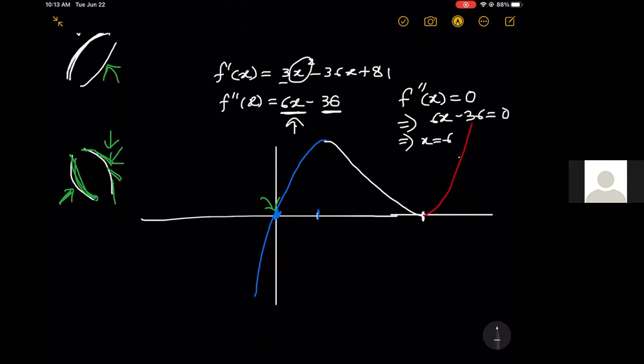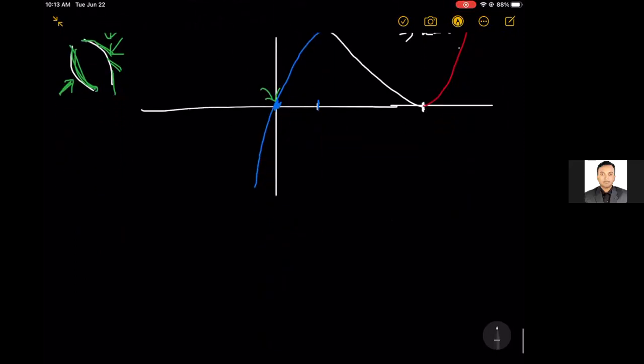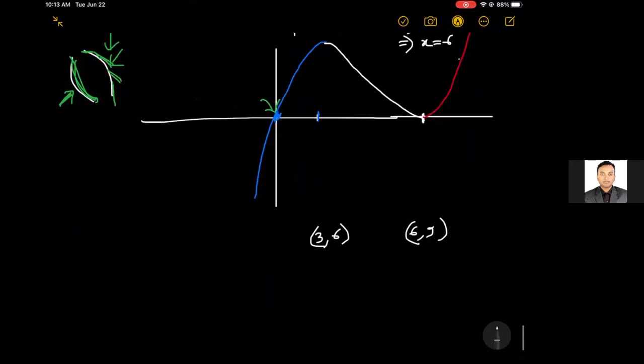I think we should try this. So at x equals 6, we can check from 3 to 6, and from 6 to 9. Because we already know what's happening from negative infinity to negative 3, and from 9 to positive infinity.